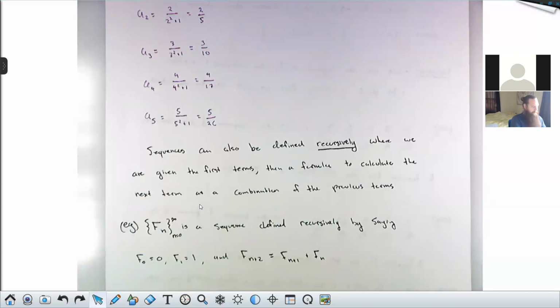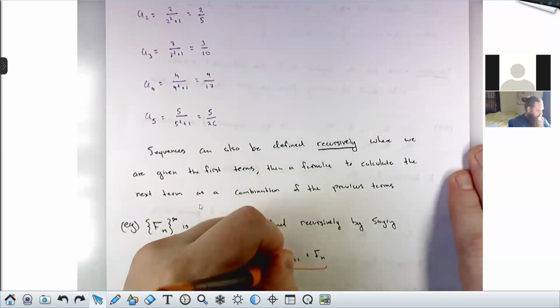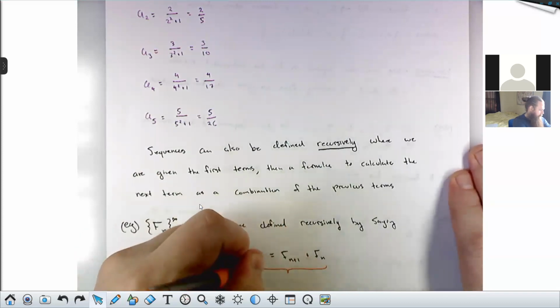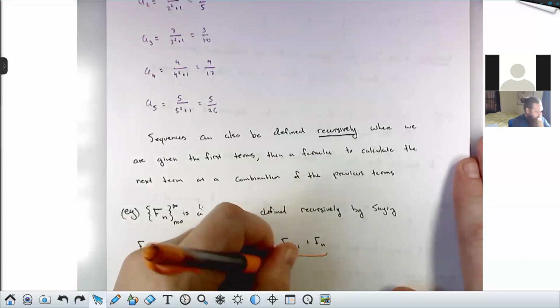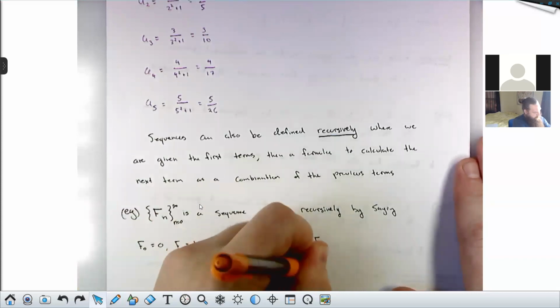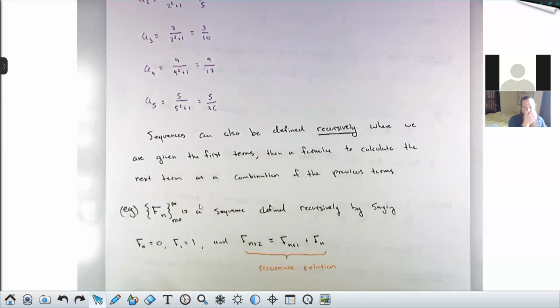So this thing here is called the recurrence relation. That's the formula that tells you how to get the next term from the previous terms.